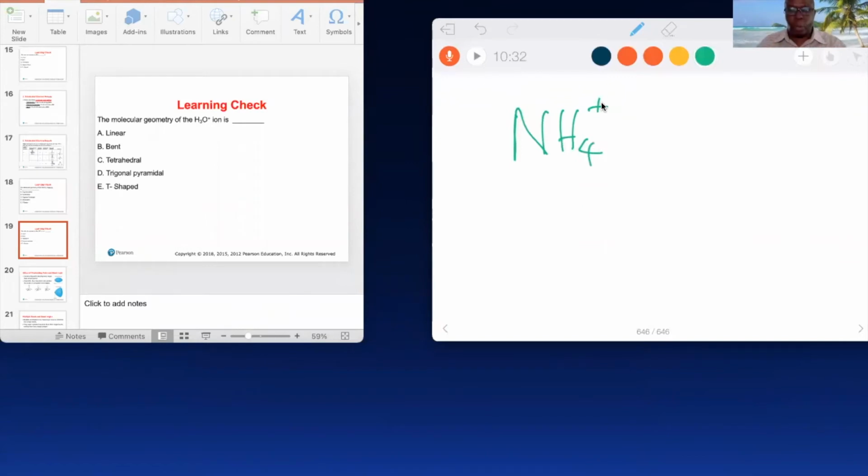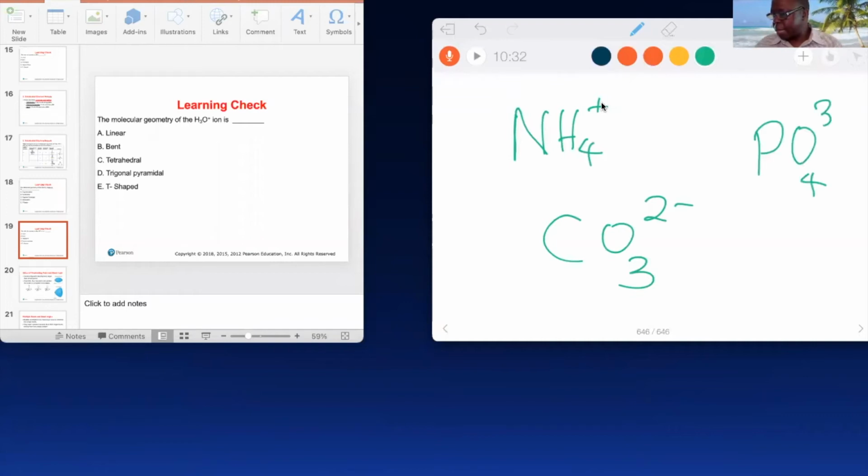You subtract when it is an overall charge of positive, compared to when you have an overall charge of -2, you add 2. If you have an overall charge of -3, you add 3 extra electrons. Does it make sense? Yes, sir.